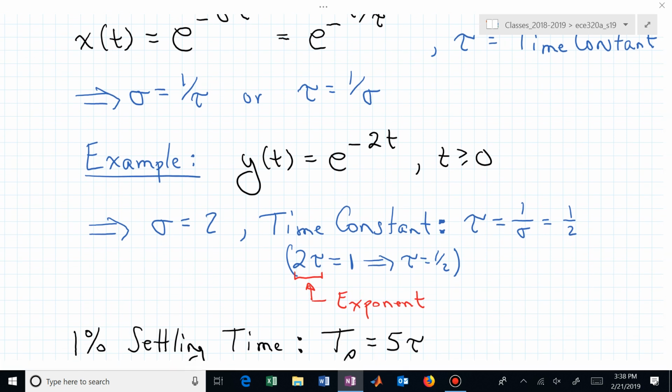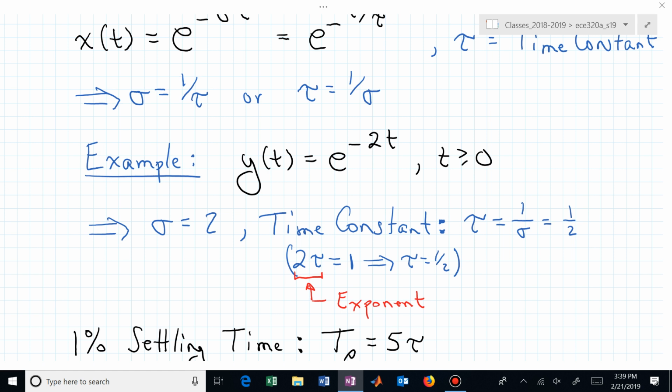Here's an example of a decaying exponential, e to the minus 2t, that starts at time 0. Sigma is 2. The time constant, tau, which is 1 over sigma, is 1/2. Or if somebody says, what's the time constant? If you now have e to the minus something, you set that exponent equal to 1 and solve for the time that causes that quantity times t, which now I've replaced with tau, to equal 1, or tau now is 1/2.